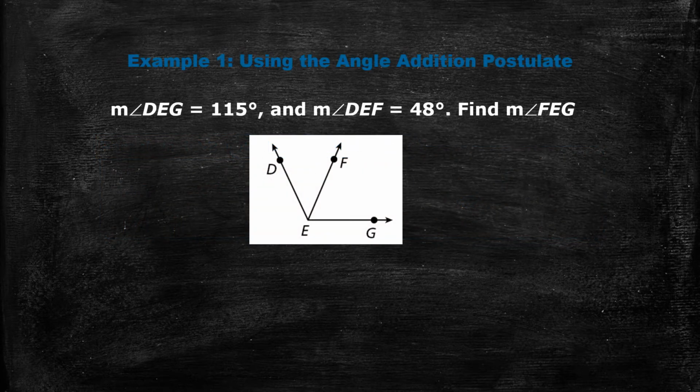Let's practice using the angle addition postulate. In this question, we learn that the measure, this tiny m stands for the measure of angle, remember that's our angle symbol, DEG is equal to 115 degrees. So the whole wide angle here is 115 degrees. That's the whole big angle.